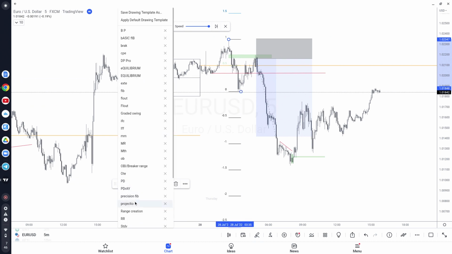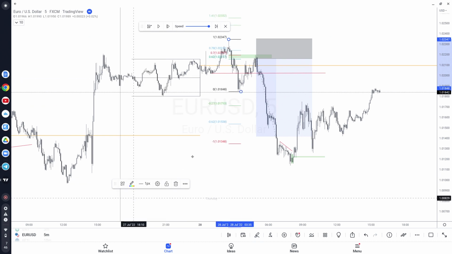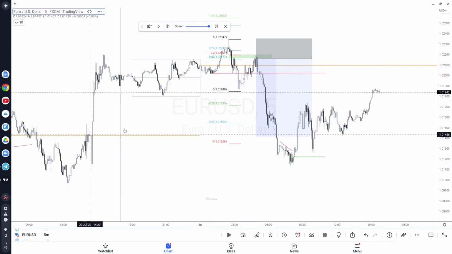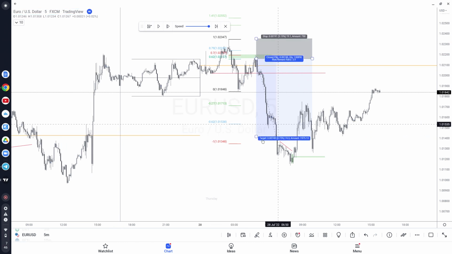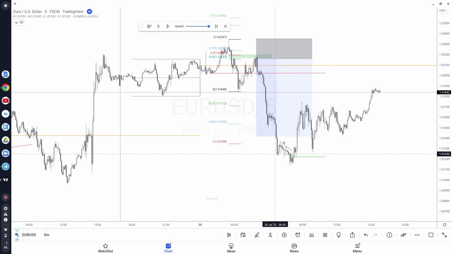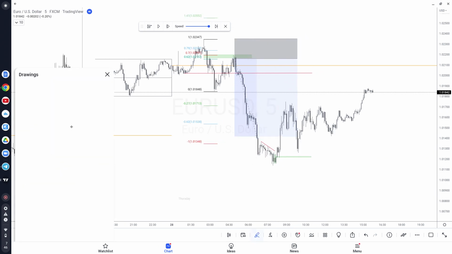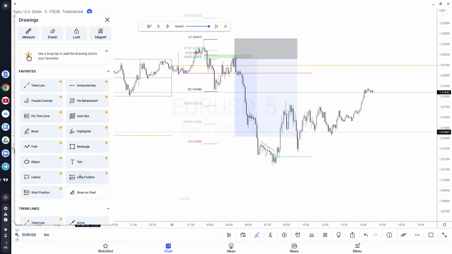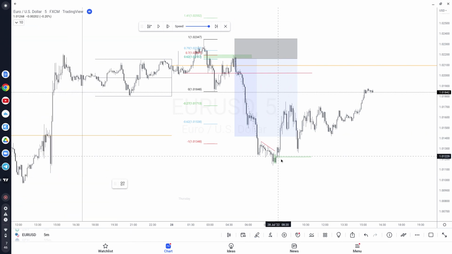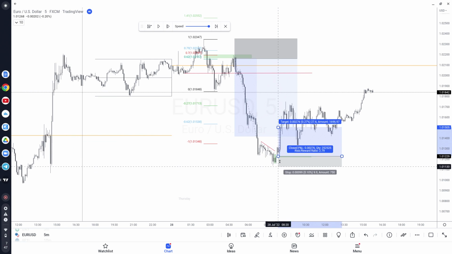So let's see. Here and then here. Yeah. So it's this complete swing with almost in line with this. But you can see reaction at 62%, and then once we get here, that's when price turns around. So the longs from here with stops here.